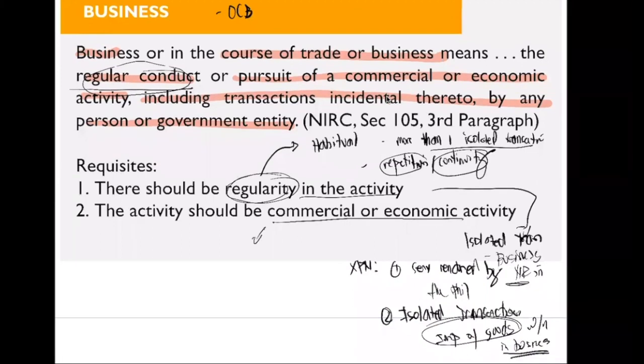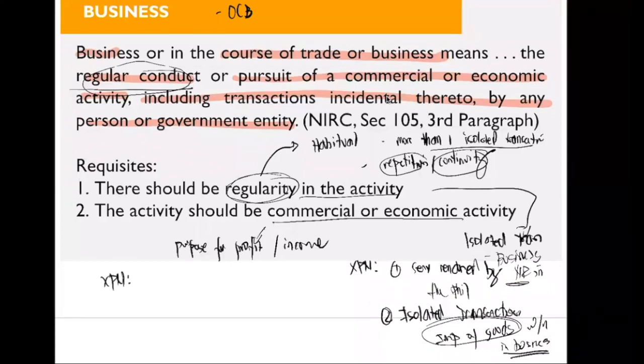We say it is a commercial or economic activity if the purpose is for profit or to earn an income. So the general rule is that any commercial or economic activity is considered part of your business tax. What are the exemptions to the rule?